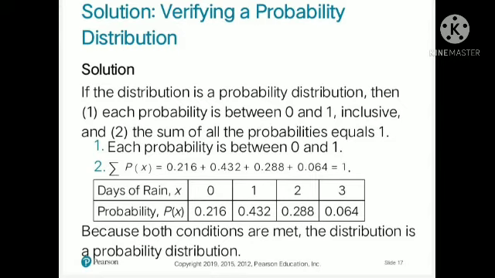So as you can see that 0.216, 0.432, 0.288, and 0.064 are between 0 and 1. And the summation of all the probabilities is 1. Therefore, this distribution is a probability distribution.